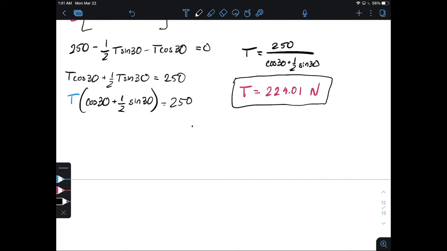Okay, fine, you twist my arm, I'll do it. So we're going to say that in order for the log to move, t cosine 30 must exceed f sub s.